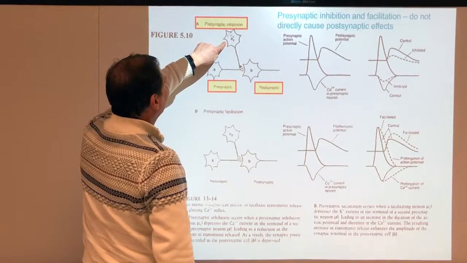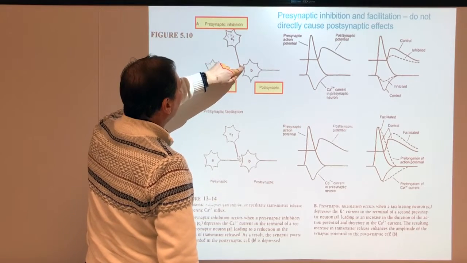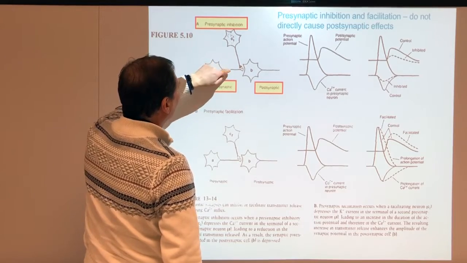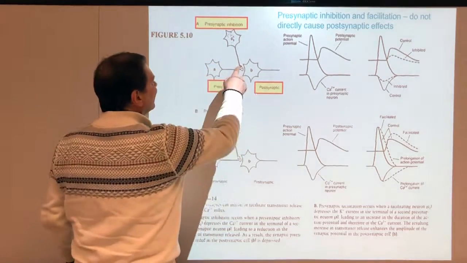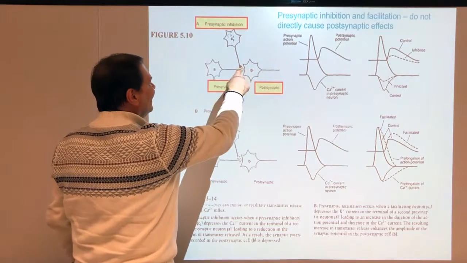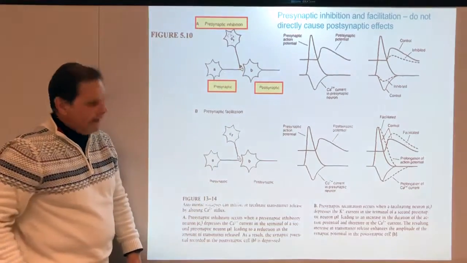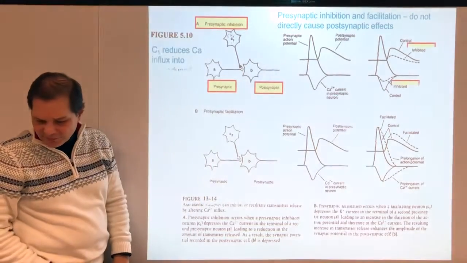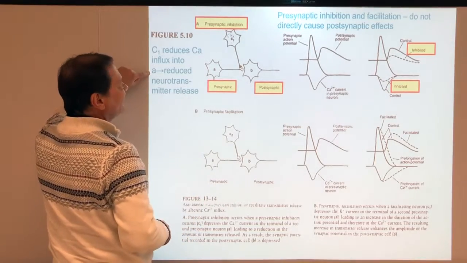C1 in this case forms an inhibitory synapse on the presynaptic neuron, on the membrane of the presynaptic neuron. So neurotransmitter release from here to here does not do anything directly to this membrane, but it does affect the presynaptic membrane, okay? And it affects the presynaptic membrane in such a way that it reduces calcium influx.